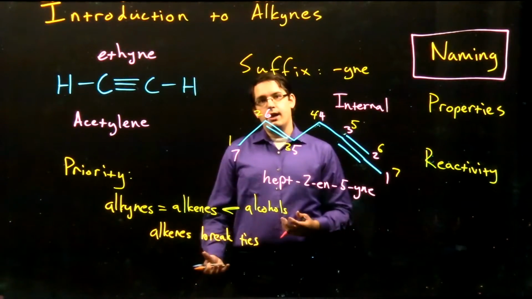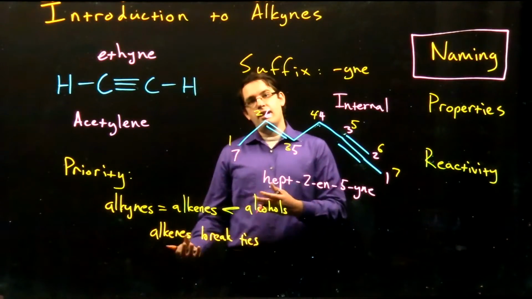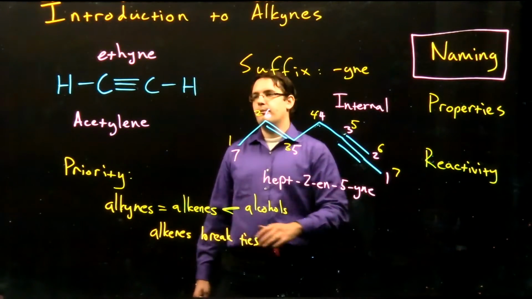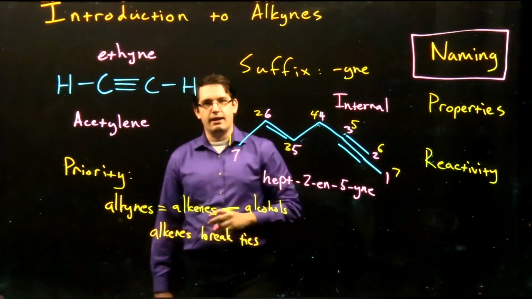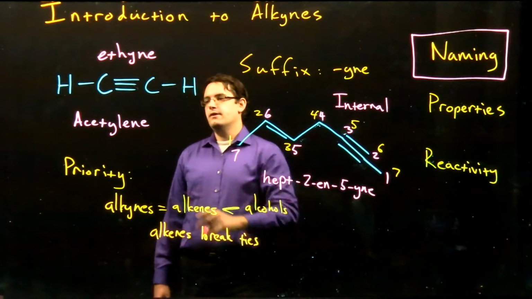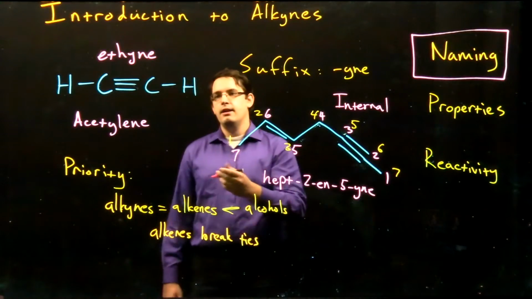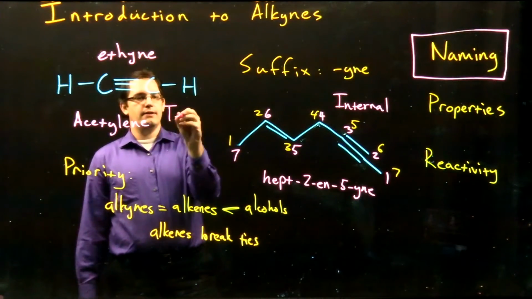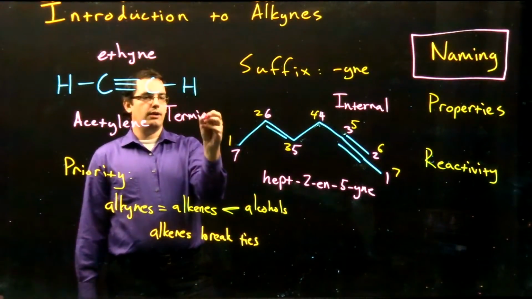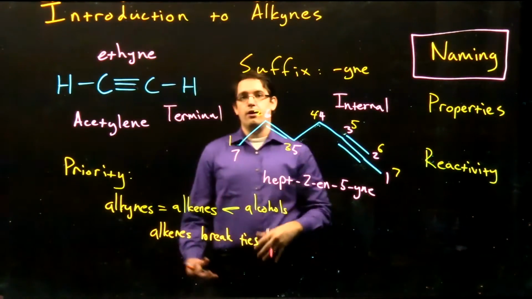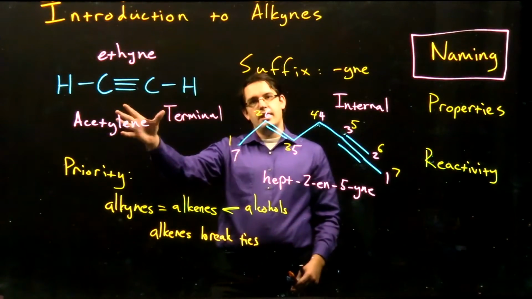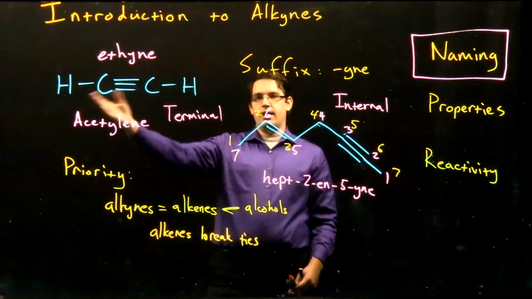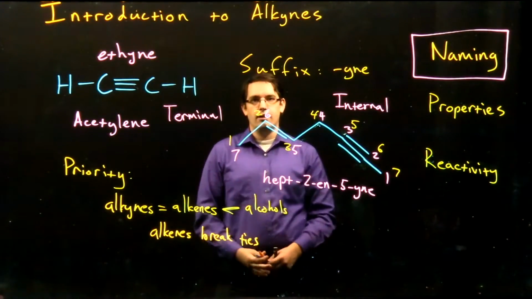A terminal alkyne, on the other hand, is going to be at the end of our carbon chain and will have a bond to at least one and could have a second bond to a hydrogen. So our acetylene or ethyne is an example of a terminal alkyne. So terminal alkynes are always going to be at the end of our carbon chains. In this case, of course, our carbon chain is only 2 carbons, so it's actually at both ends of our carbon chain.